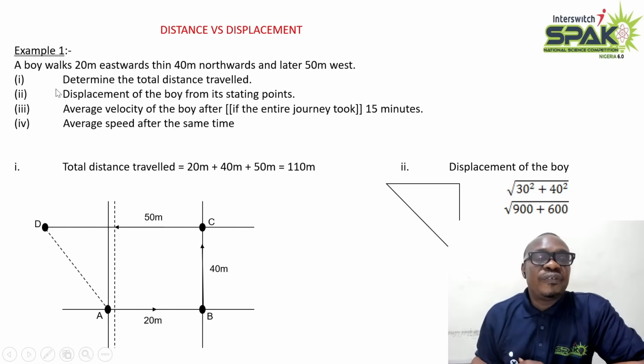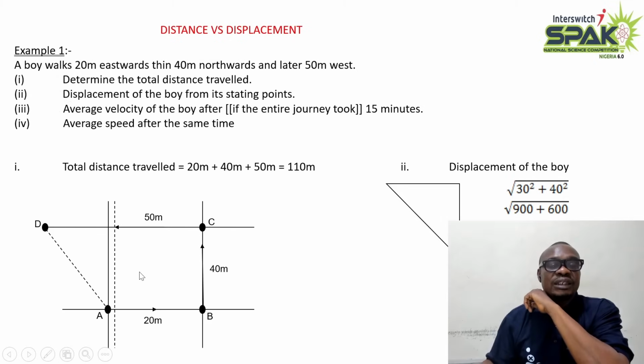So let us take the first one. First is the diagram. The diagram begins from this point A. If you have to sketch this, you put your 4 cardinal points here. Then it says it moved 20 meters eastwards. So this is the east. East is this direction, 20 meters.